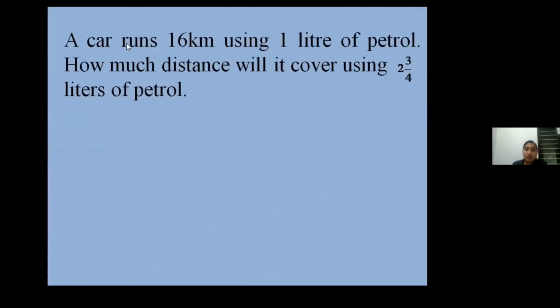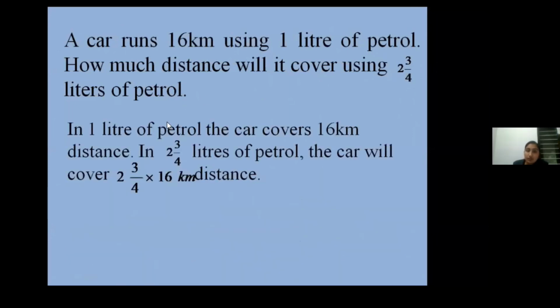Listen here. A car runs 16 kilometers using 1 liter of petrol. How much distance will it cover using 2 3/4 liters of petrol? For 1 liter of petrol, the car runs 16 kilometers. We have to find for 2 3/4 liters of petrol how much distance it will cover. The quantity of petrol is given as 2 3/4 liters, a mixed fraction.